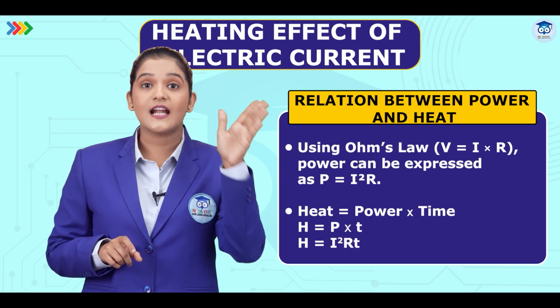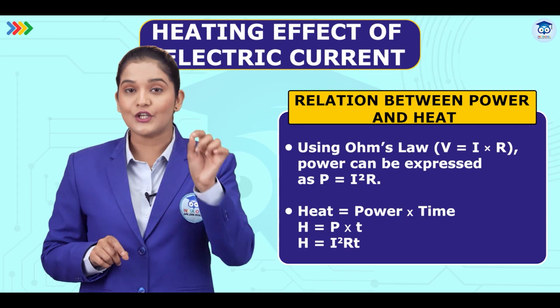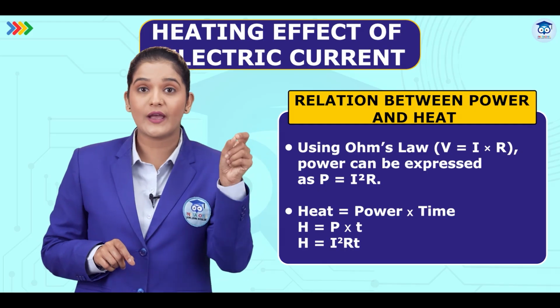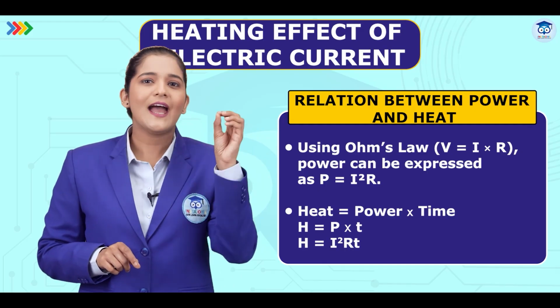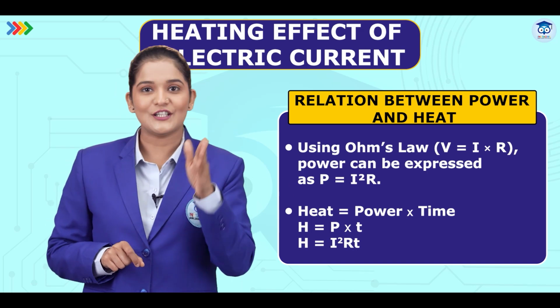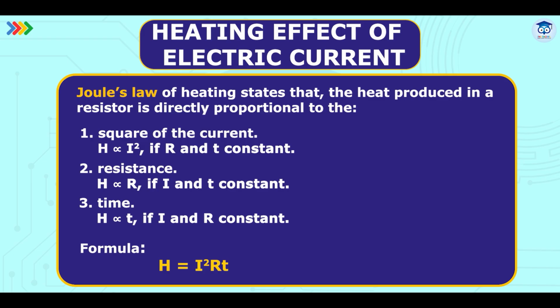Thus, heat, that is H, is equal to P × T. Using the formula for power as P = I² × R, we substitute and obtain the expression H = I² × R × T. This is known as Joule's law of heating, and it quantifies the heat produced due to the passage of electric current through a resistive conductor over a time duration T. This set of relations helps us understand how electrical energy is used and converted within a circuit.